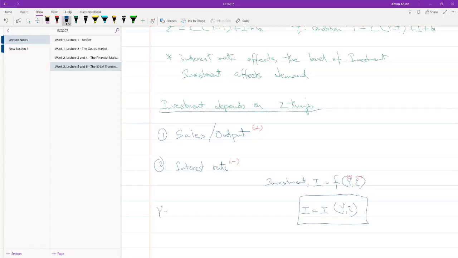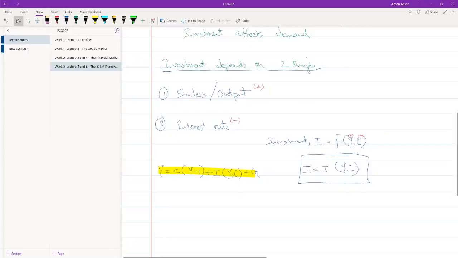We have Y equals C(Y minus T), no changes there, plus I, but I is now a function of Y and small i, which is interest, plus G. So this is the new equilibrium condition for us.